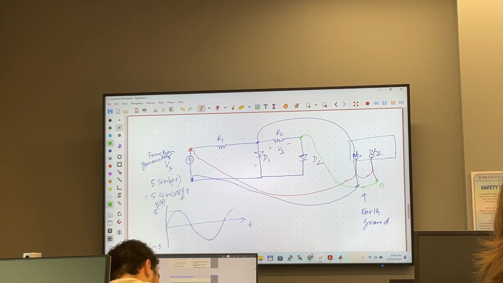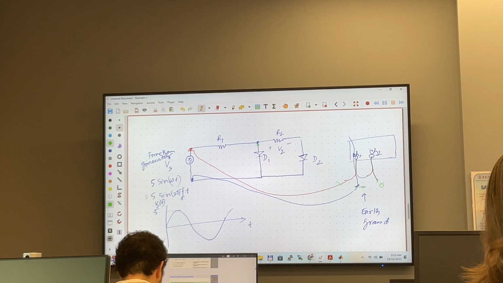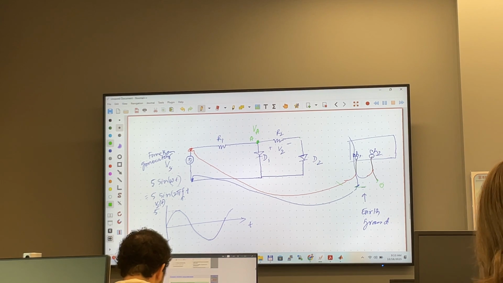This voltage, the way you should be measuring is the following. Consider this as node A. So the voltage at this node is V sub A. This voltage means voltage of this point with respect to ground.